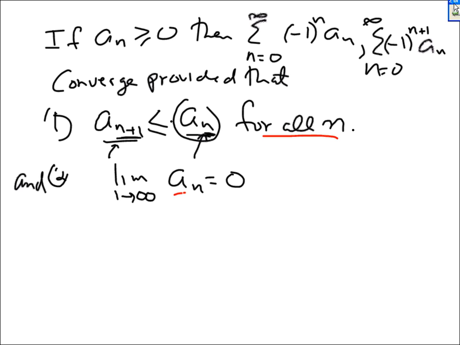So suppose we want to know if the summation as n goes from 1 to infinity of -1 to the n plus 1 divided by n converges. Now, I don't think I mentioned this, but the summation of 1 over n is famous.